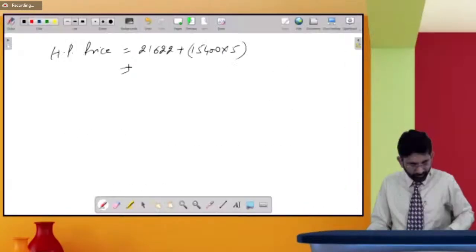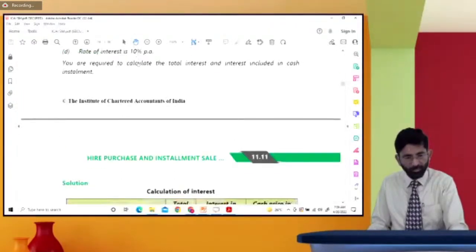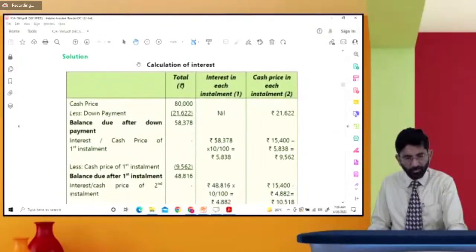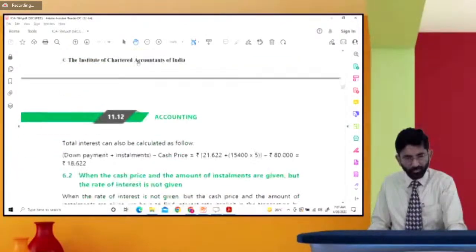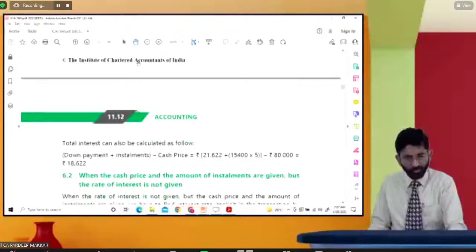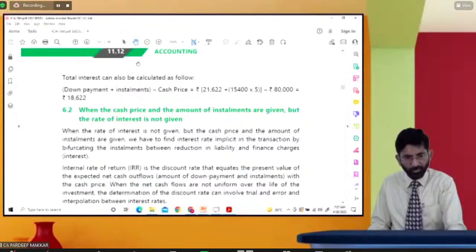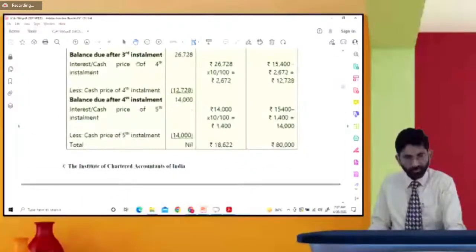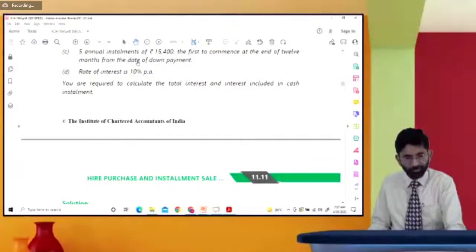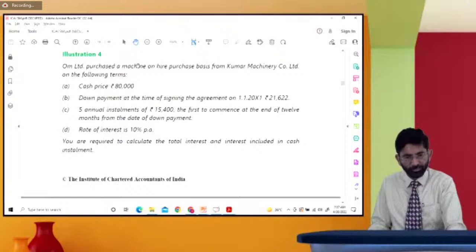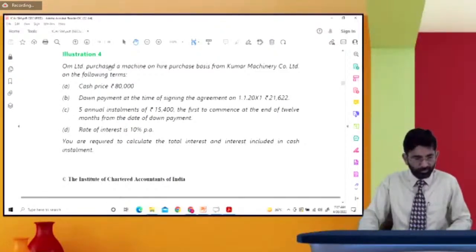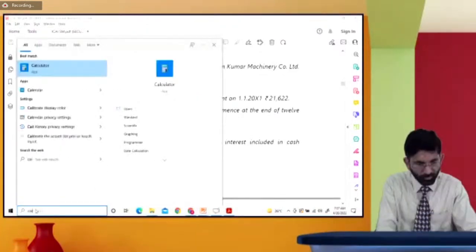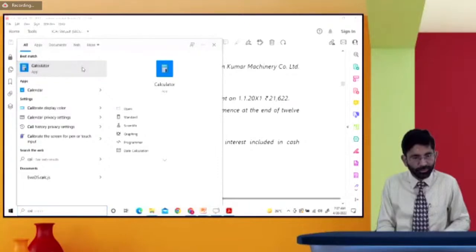Is that clear, beta? A calculator must be used for this purpose.